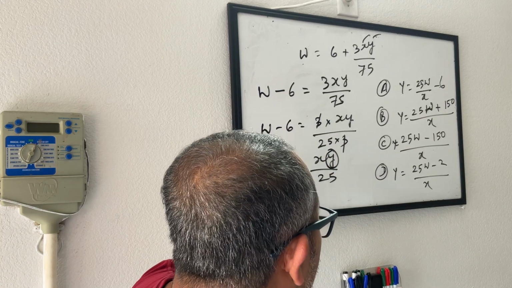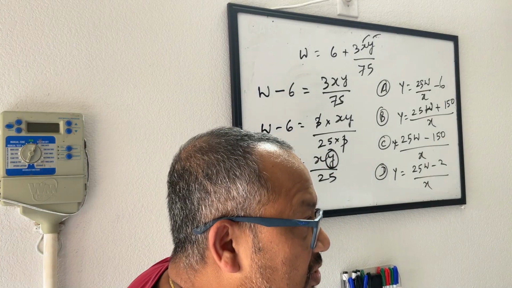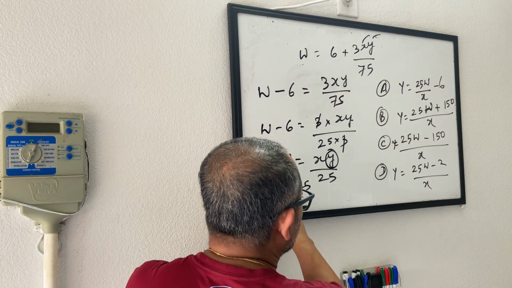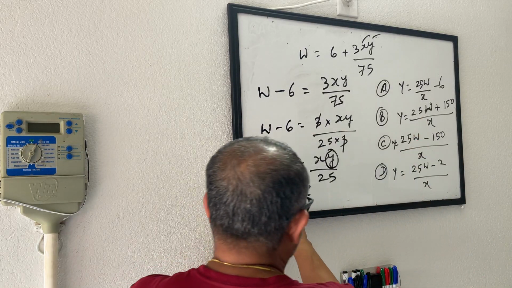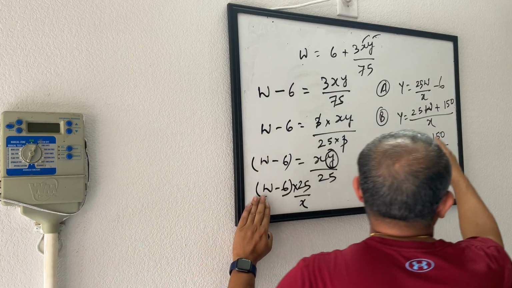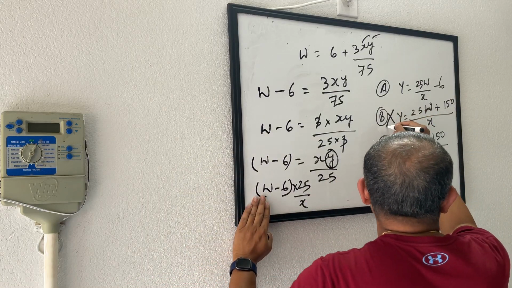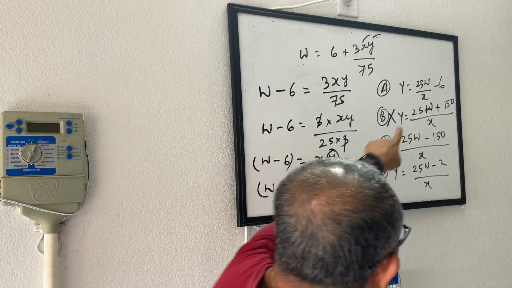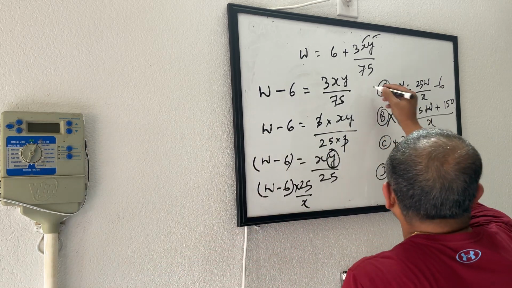Now here you have to look at 25 into 6 and 25 into W, whichever matches with that. So you have a minus sign here. Whichever has plus, you can knock it off. You don't need that. And again, X is a common denominator. So this one also you can knock off. Not needed.